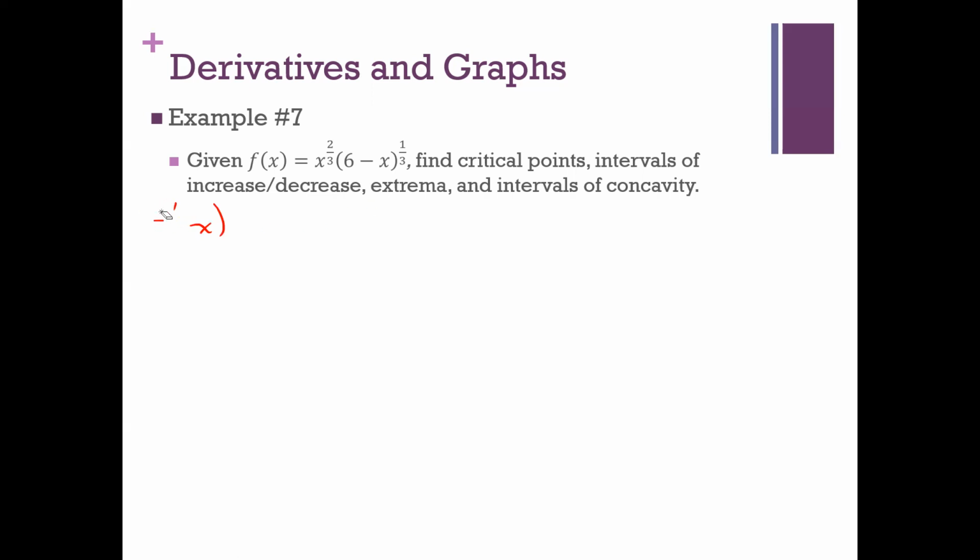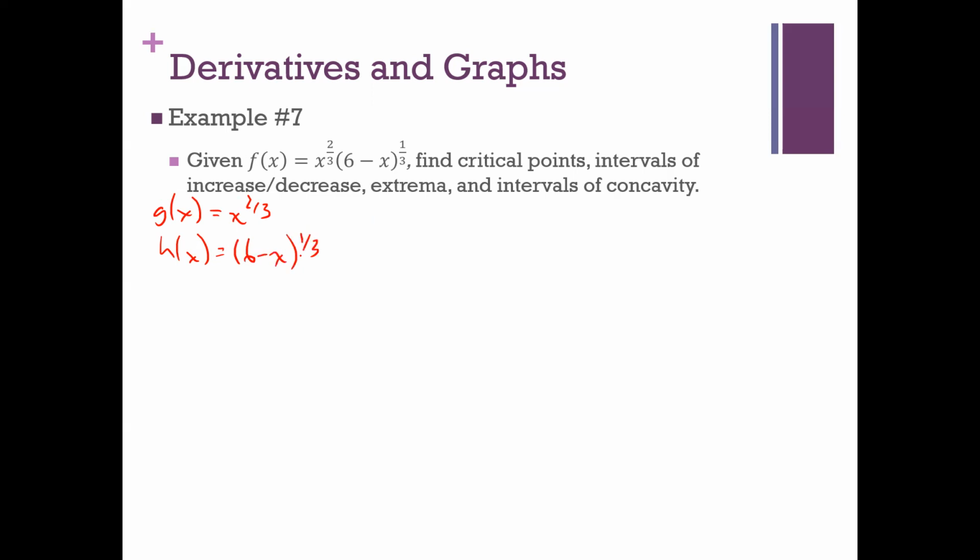So I'll just stop this for now. I'll let you tell me how to set that up. F of x equals g of x times h of x, where g of x equals x to the power of the third, and h of x can be 6 minus x to the 1/3, and then the sub functions there could just be 6 minus x and x to the 1/3.